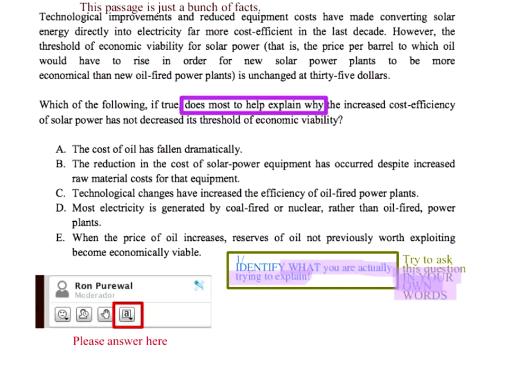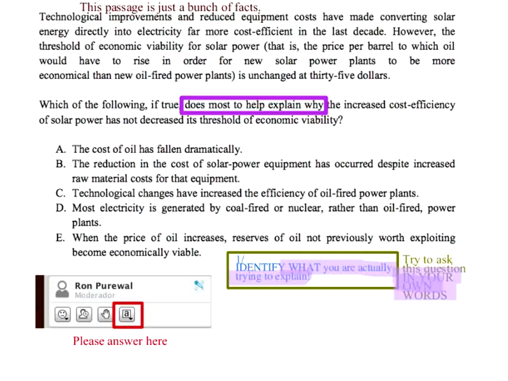So you don't really want to use a thing like threshold of economic viability, because who knows what the heck that even means. It's not why solar energy isn't used more, because the passage doesn't really even go there. The passage doesn't discuss how often people use solar energy.